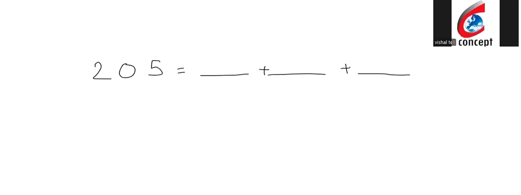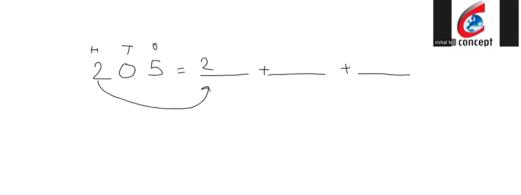Let's say 205. In the exam, how do you solve this? See, there will be 3 places. You need to put values. So in the first place, you put 2. And for 2, you have what written on top?